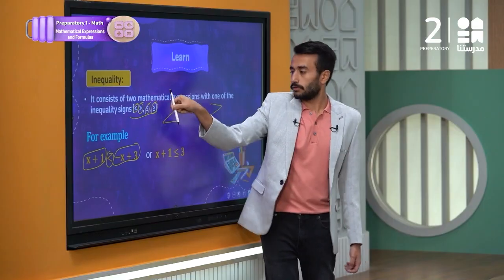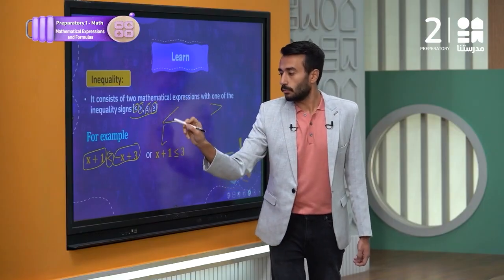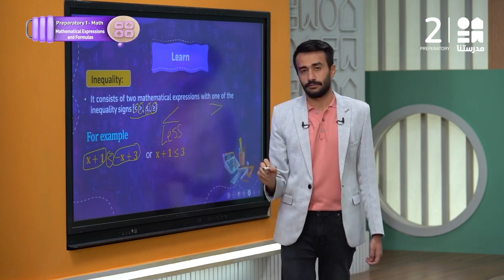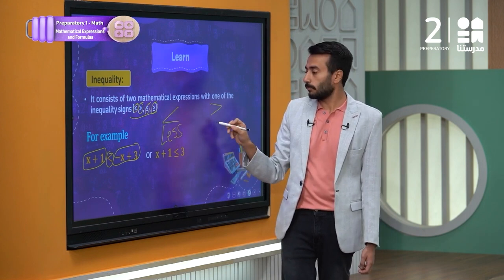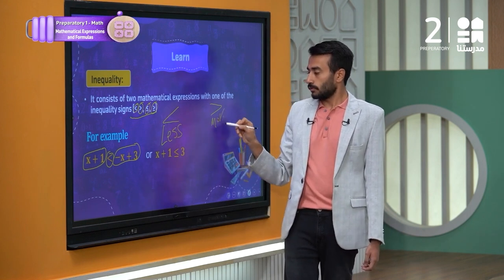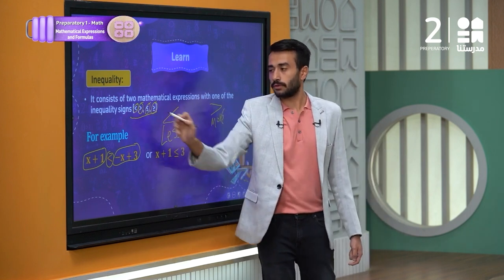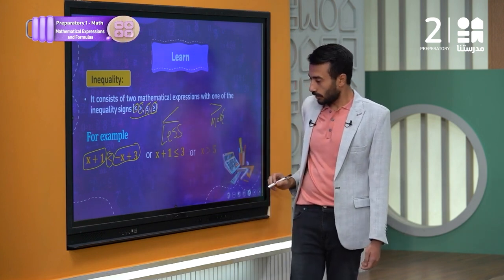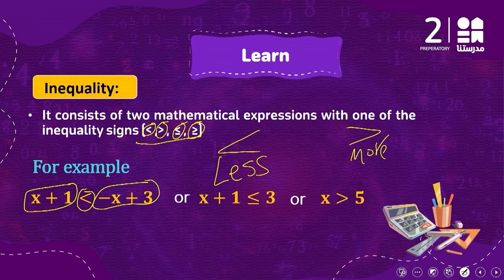If you make this line in this way, it will be this, which is the first letter in the word less. So for sure this one will be more. So this symbol is called less than, this symbol is called more than. Another example for the inequality, x is more than 5, which means a number more than 5, whatever, 6, 7, 8, 9, and so on.